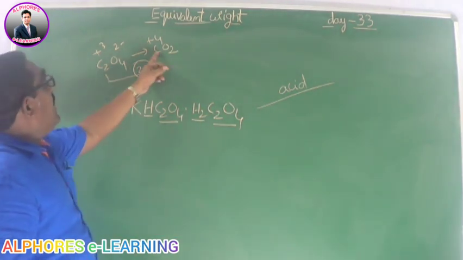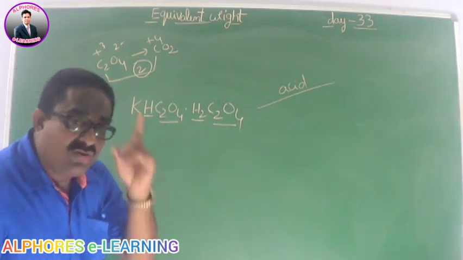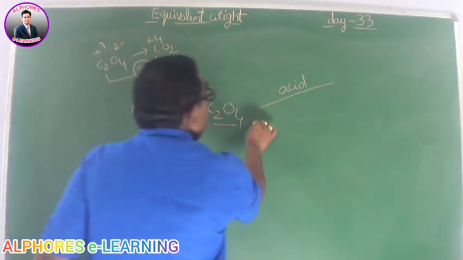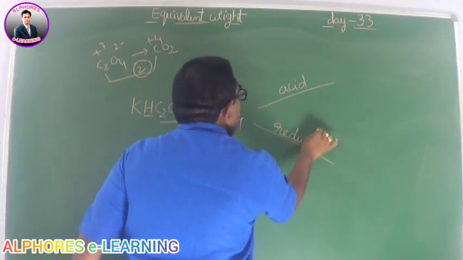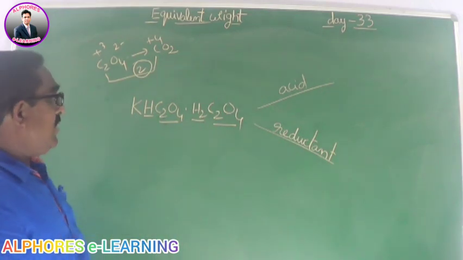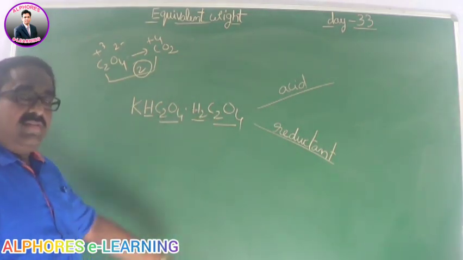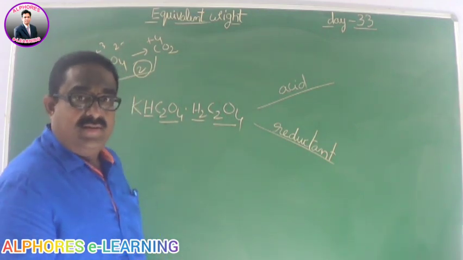So carbon is undergoing oxidation, so it acts as a reducing agent. This substance can also act as a reducing agent, or simply you can write reductant. The same substance can act as an acid as well as a reductant.